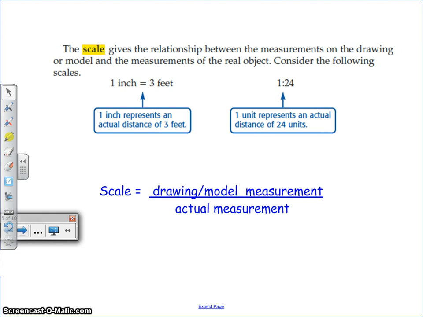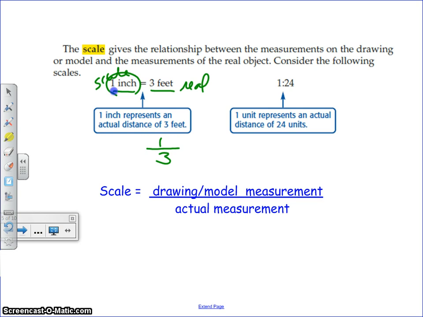All right. So for instance, 1 inch equals 3 feet. So 1 inch equals 3 feet means an inch on the paper represents 3 feet in real life. So it's 1 inch to 3 feet. Here we have 1 to 24.